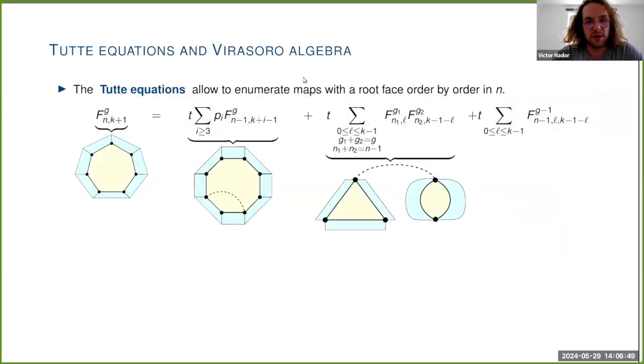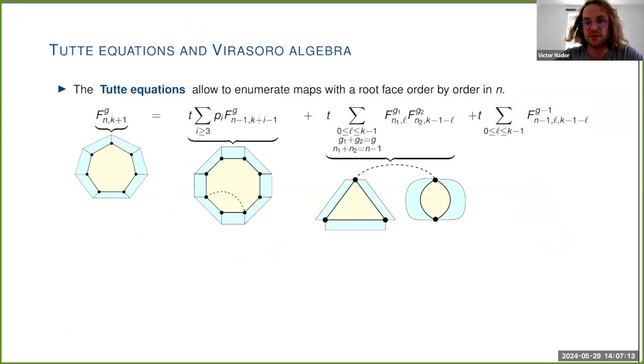So as is now well known by combinatorists, you can exactly enumerate the number of maps with these parameters via the so-called Tutte equation. The Tutte equation tells you how you can generate a larger map of size n, starting from maps of size n-1.